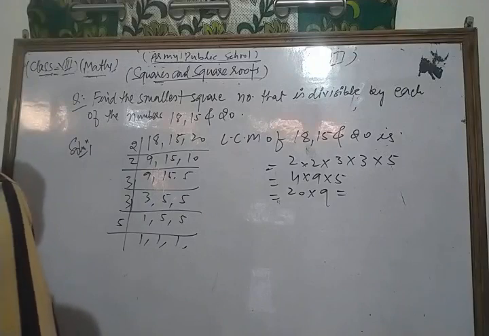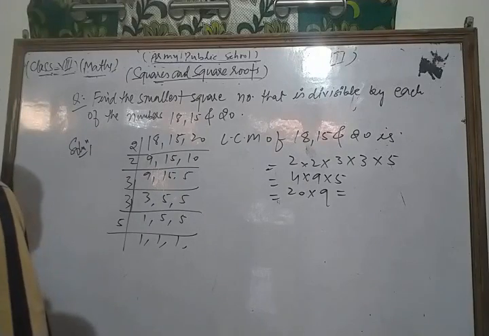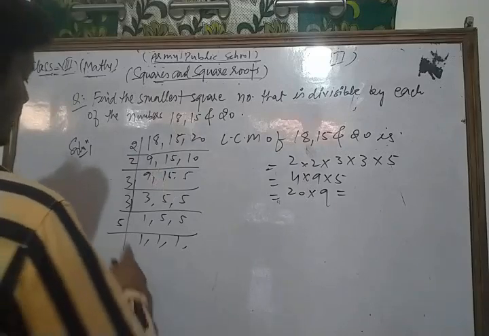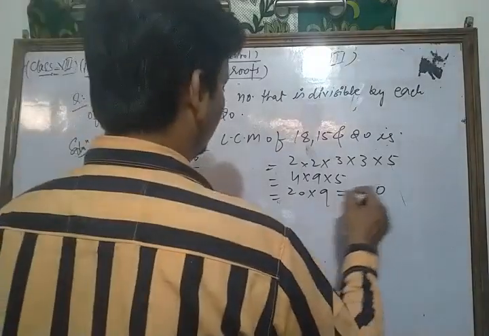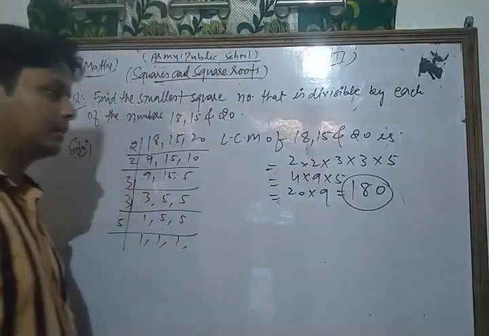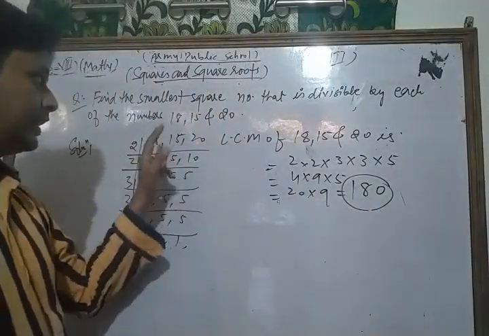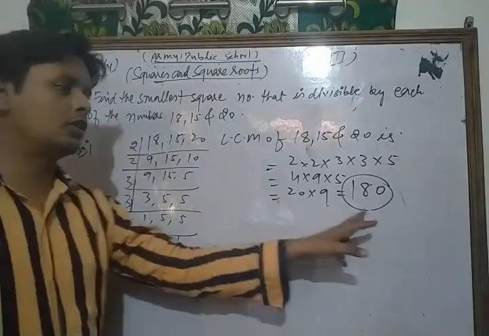Here 18, okay, so 900, 9 to the 80, 180. So 180 is that number which is exactly divisible by these numbers, but it is not a perfect square.